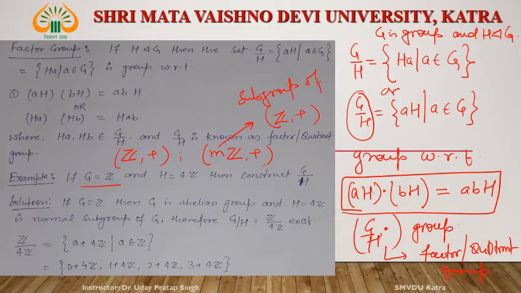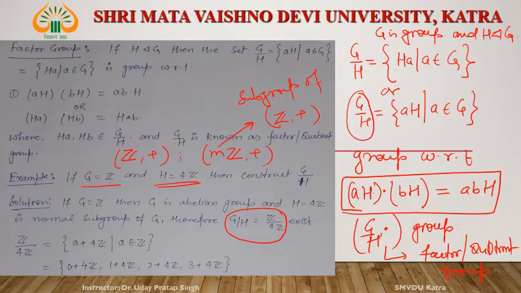In this case, M is equal to 4, so 4Z. Factor group G by H means G is Z and H is 4Z, so G by H is Z by 4Z.